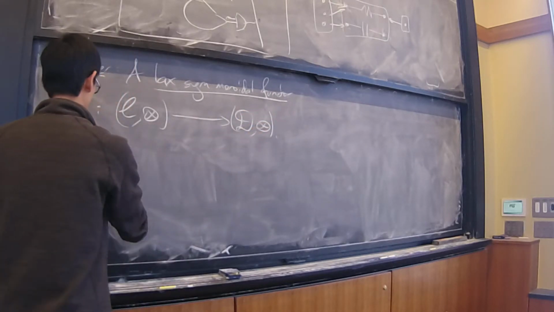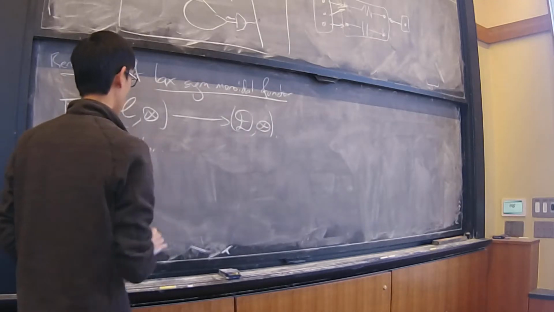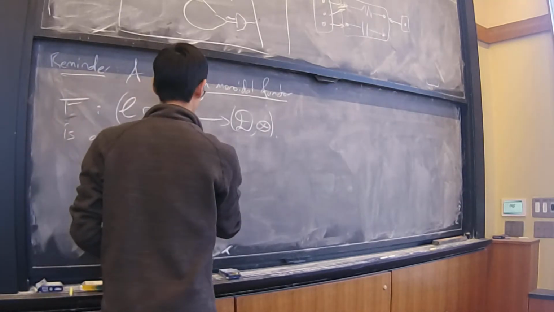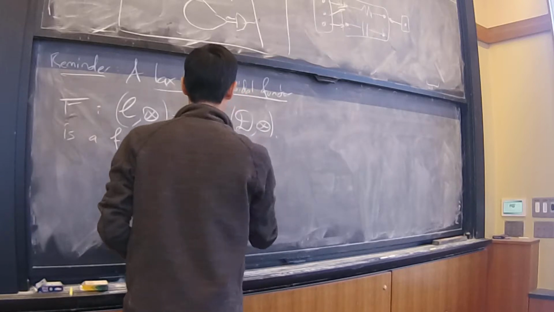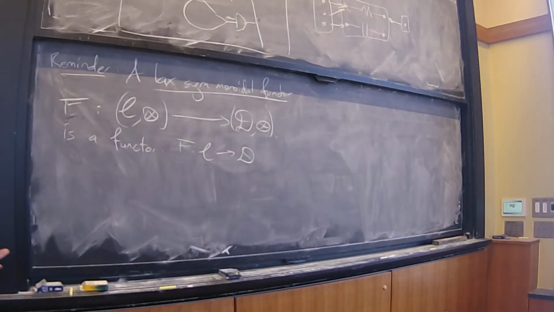So F is a functor, in other words, it takes objects in C to objects in D and morphisms in C to morphisms in D in a way that respects the composition.